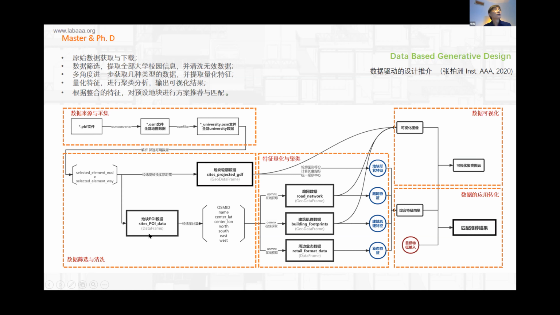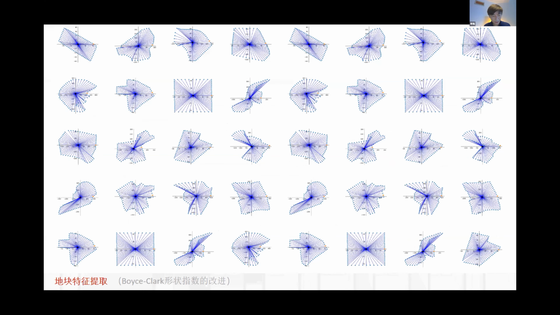It's similar to the case I just introduced for Roma, but we searched the data on the whole global scale.